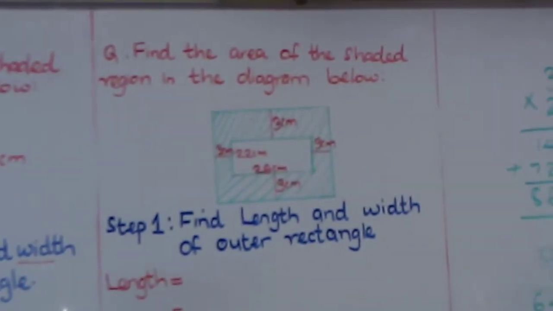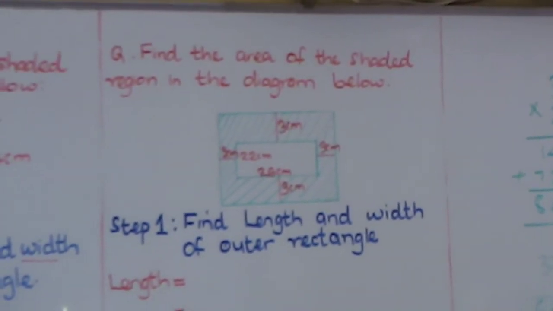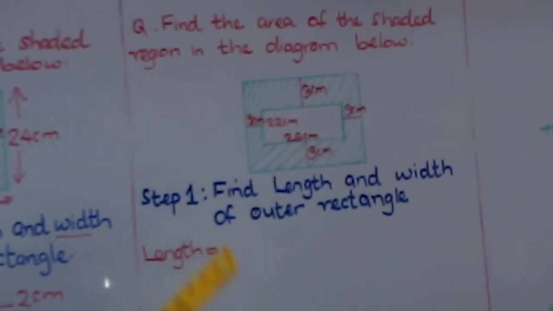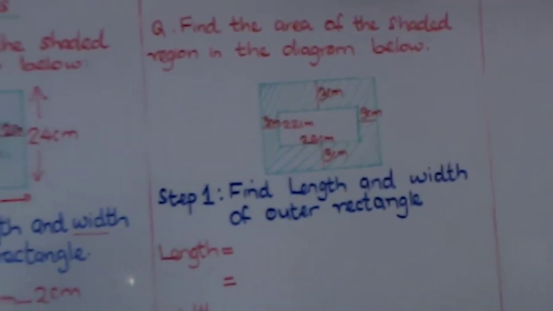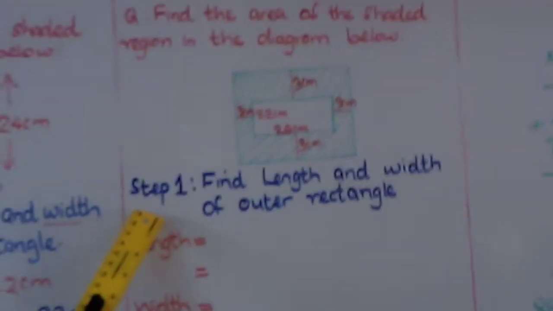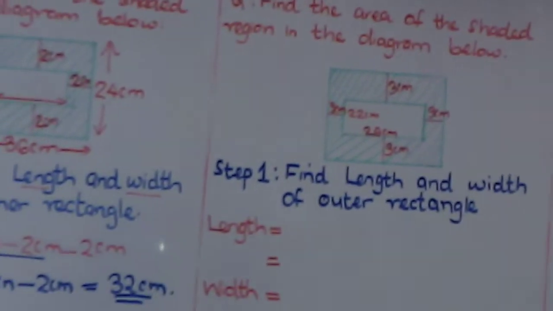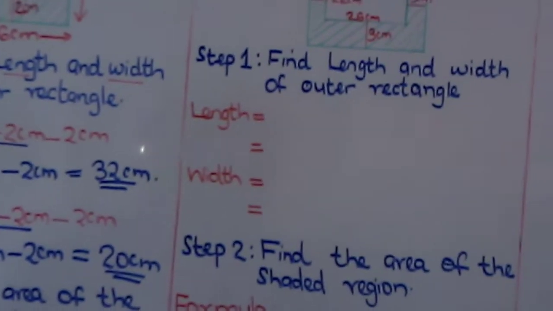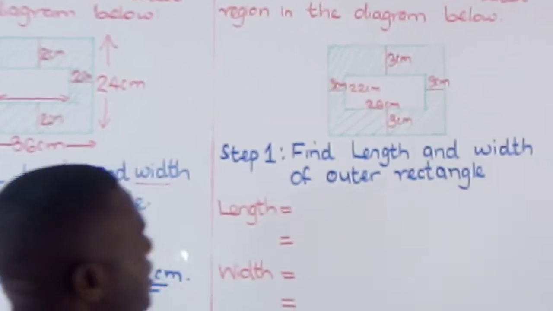All right, Violet. Violet, what is the length and the width of the outer rectangle? Very encouraging. The length and the width of the outer rectangle are not given. And so we find the length and the width of the outer rectangle in step 1. Remember, we are supposed to use the already given measurements.